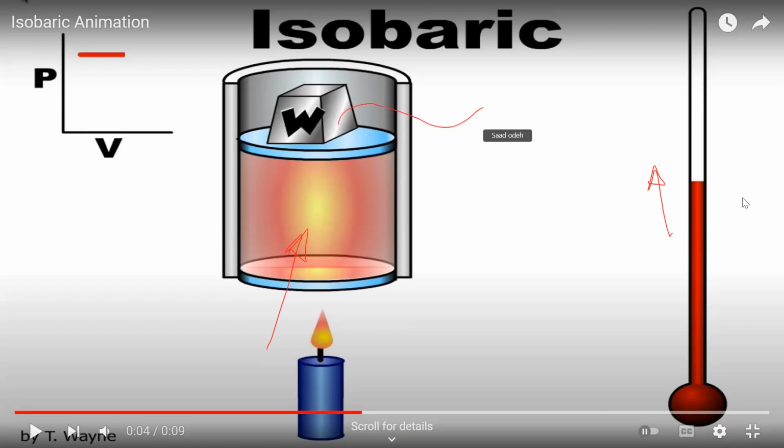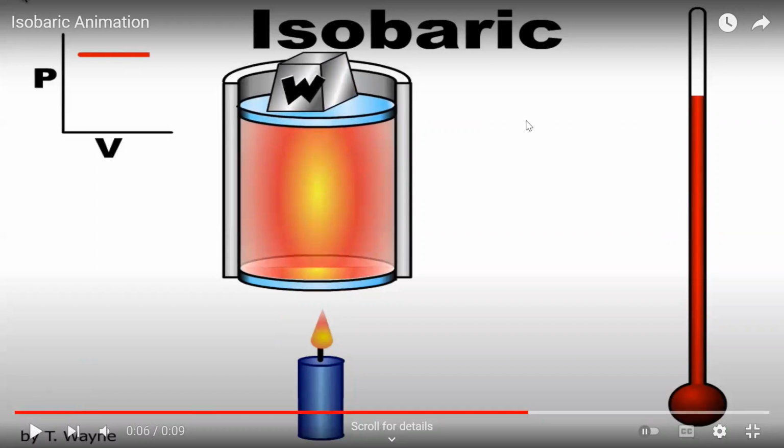And how do we maintain the constant pressure? By putting a constant load on the piston. This is the W, the weight. We always have the same weight, so we always have the same pressure exerted on the system. You can see here, this is the PV diagram. The pressure line is always horizontal, which means a constant pressure line. So that's the animation of the isobaric process.